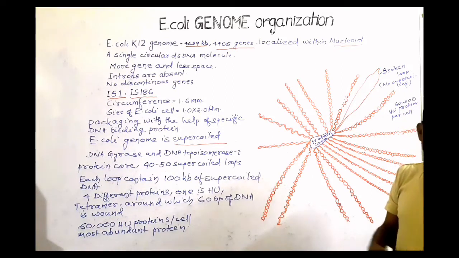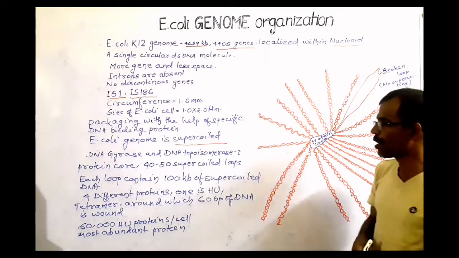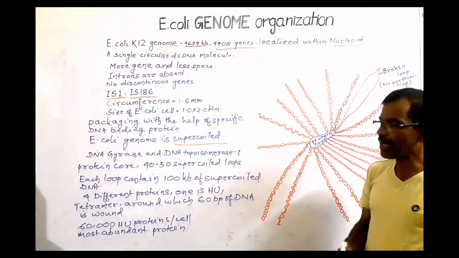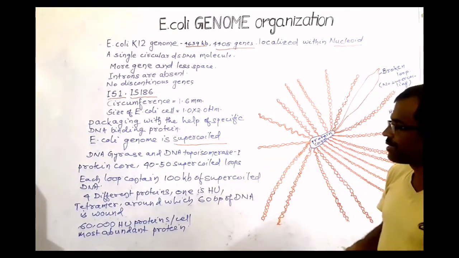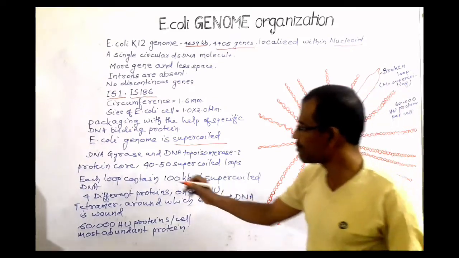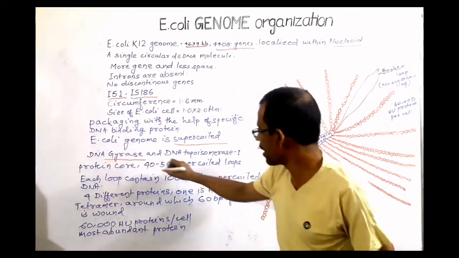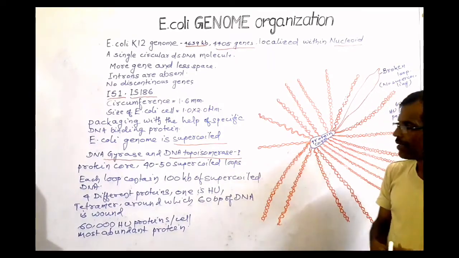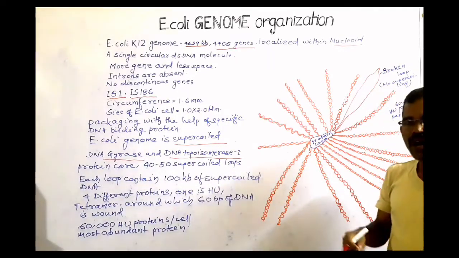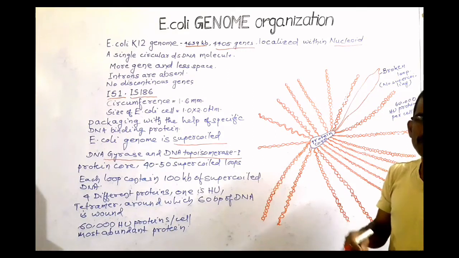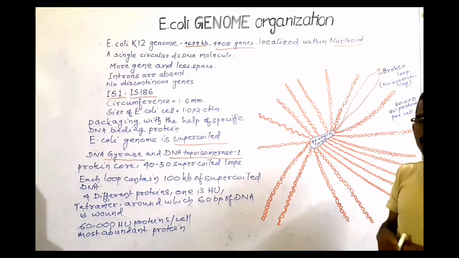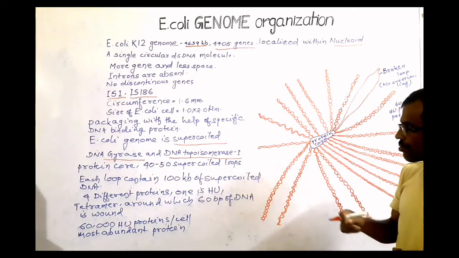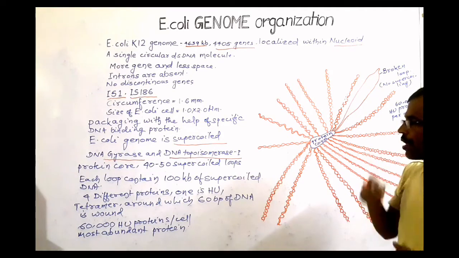In the E. coli genome, the supercoiling is generated and controlled by two different enzymes. These enzymes are DNA gyrase and DNA topoisomerase 1. These two enzymes are found to be associated with the E. coli genome, where they generate and control the supercoiling.